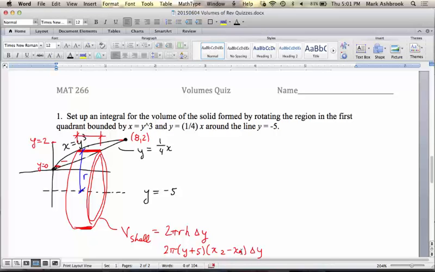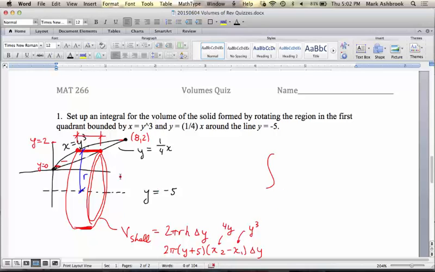And we've got to get each of those in terms of y. So x2 in terms of y is 4y, right? Because the x2 is based on the line, and we want x in terms of y. So this would be 4y. And x1 is our y cubed. It's the x coordinate of that curve in terms of y, which is y cubed.